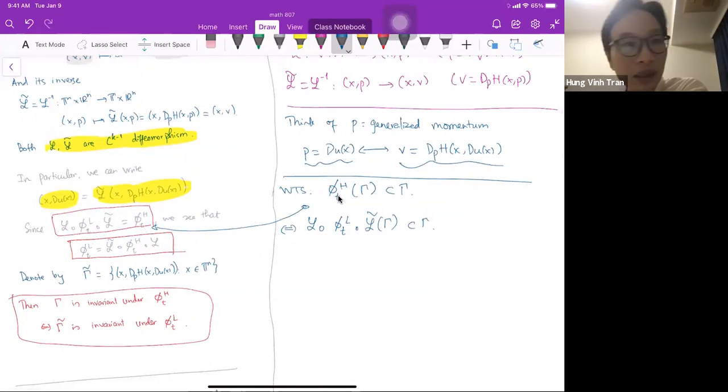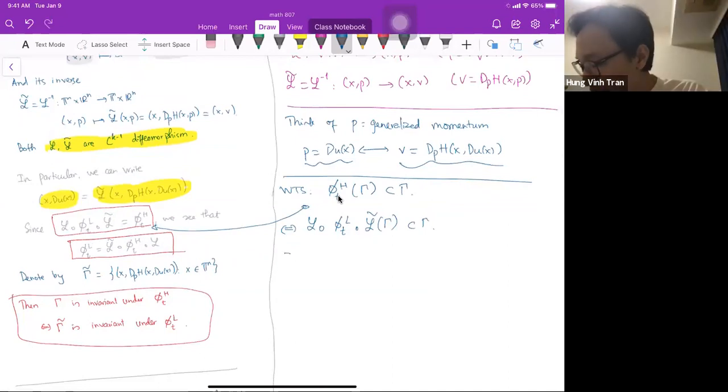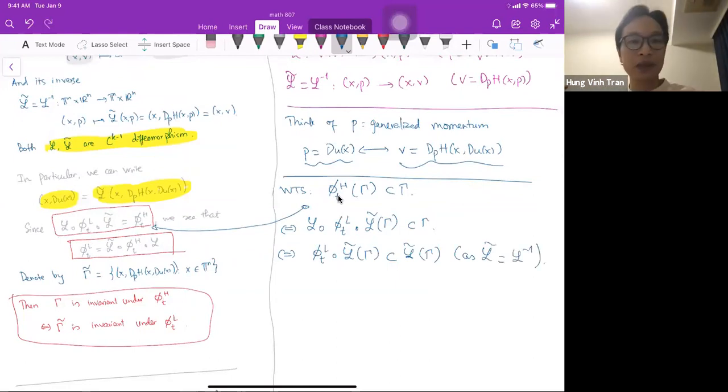And now you can take curly L tilde of both of the sides. So that allows you to see that this is equivalent to the fact that phi t L composed with L tilde of gamma is a subset of L tilde of gamma, right? As L tilde is nothing but L inverse. Okay, it's just a simple fact.